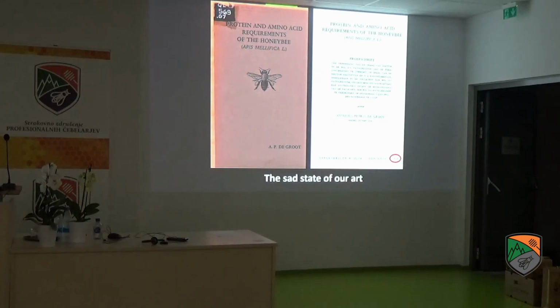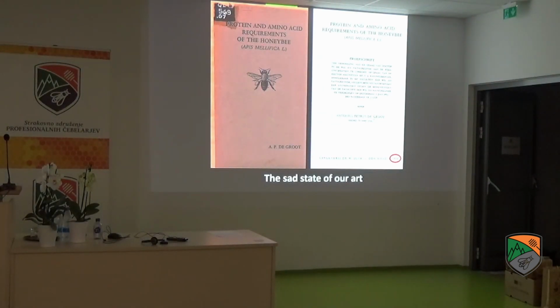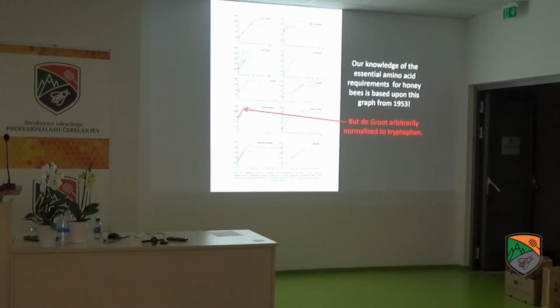The state of our knowledge of pollen subs for honeybees was published in the Netherlands by Antonius de Groot in 1953. I was 2 years old. Okay? And everything we know is based upon this one single graph. The numbers that we have for the growth recommendation are based upon the inflection point of these curves.